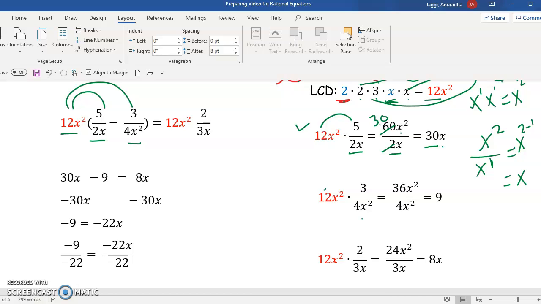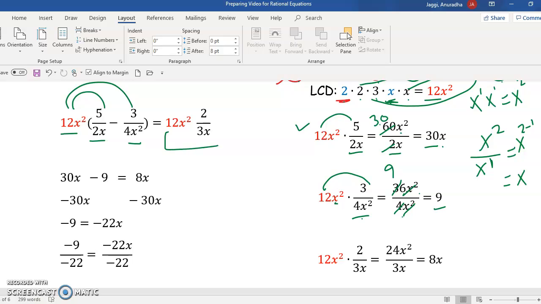Similarly, you have 12 times 3, 36. So 36x square divided by 4x square in the denominator. 4 goes into 36 9 times, and x square and x square get cancelled, because you can also see if you use a quotient rule, 2 minus 2 is a 0. So x to the power 0, you know, is a 1. So it is a 9.